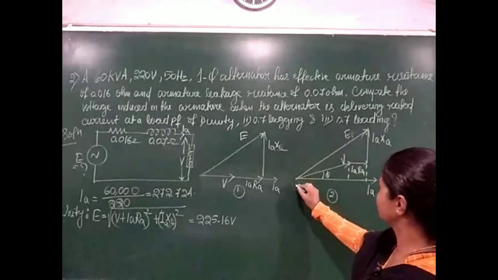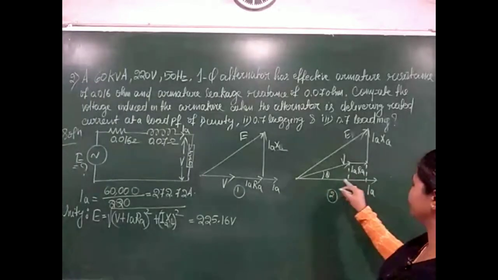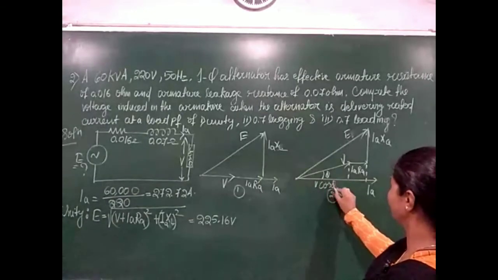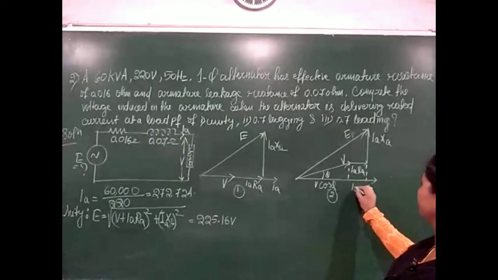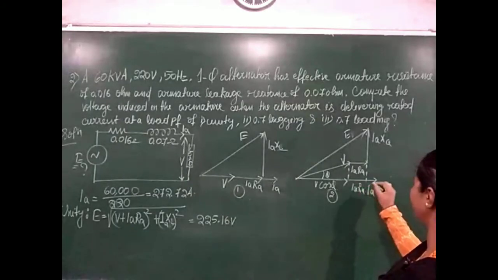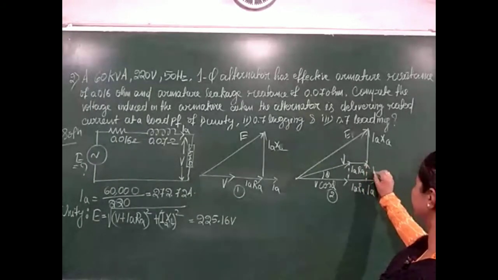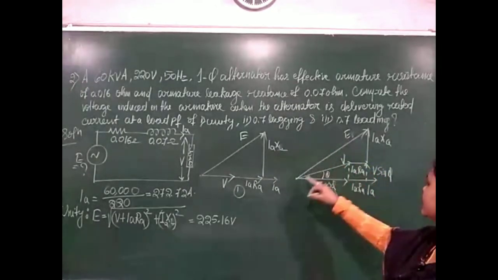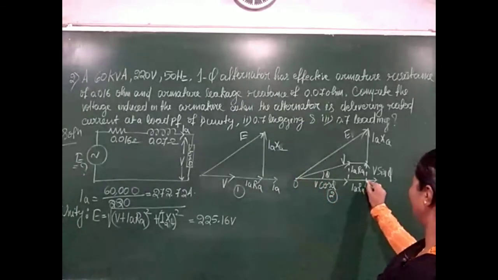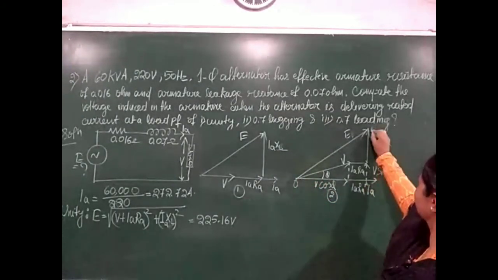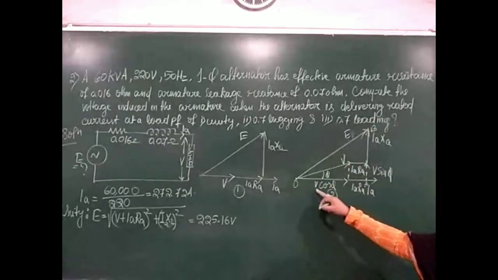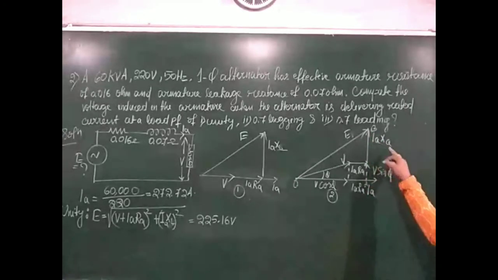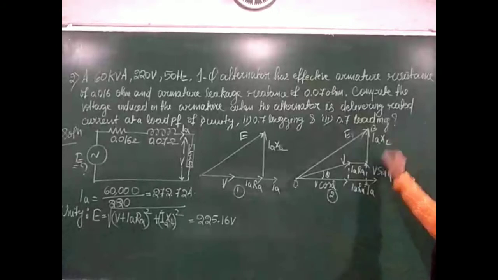Now this phasor is V cos phi. This phasor is IaRa. This phasor is V sin phi. So E is the phasor sum of OA and AB. Here OA is V cos phi plus IaRa and AB is V sin phi plus IaXL.